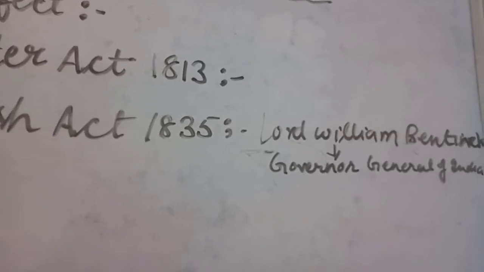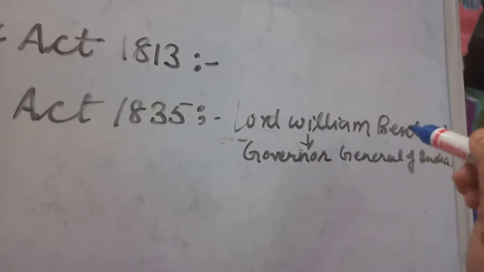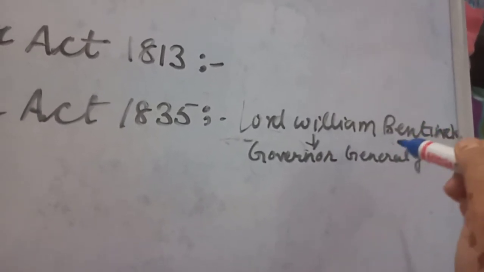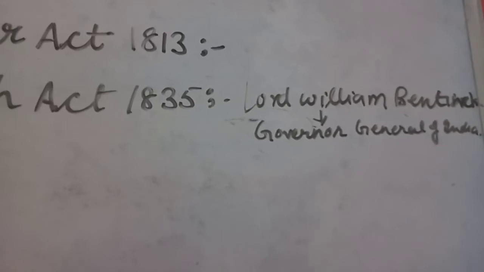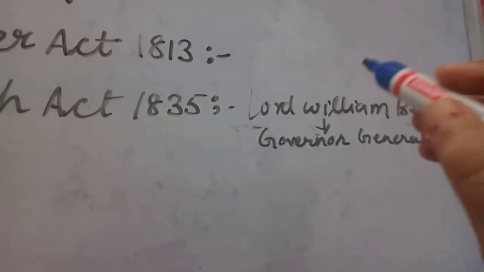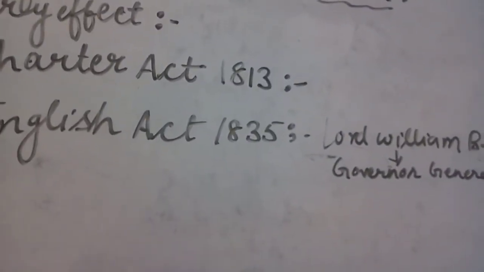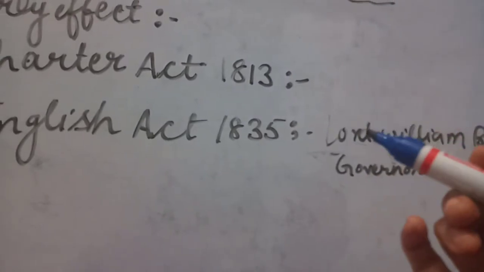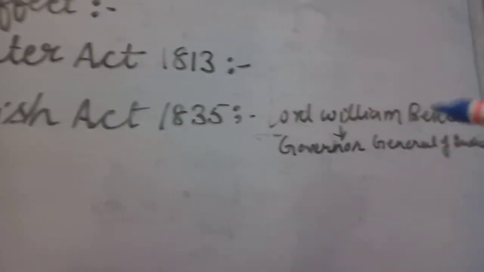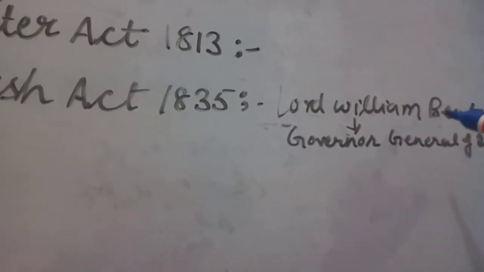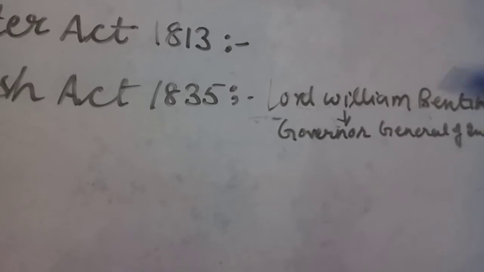One more thing, students. It was during the period of Lord William Bentinck that Lord Macaulay promoted the teaching of English. The English Act 1835 was a legislative act of the Council of India, which gave effect to a decision in 1835 by Lord William Bentinck, the Governor General of the East India Company, to reallocate funds.